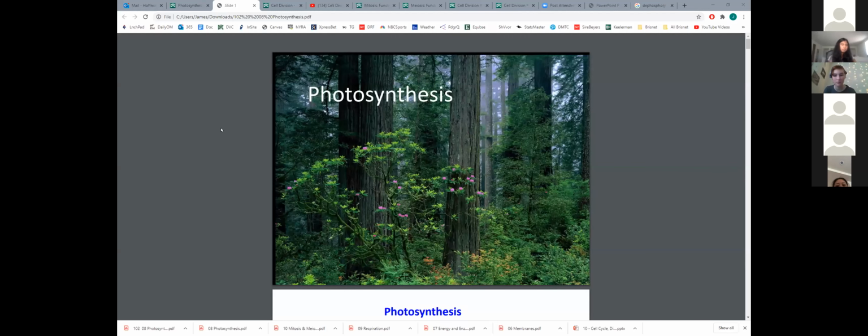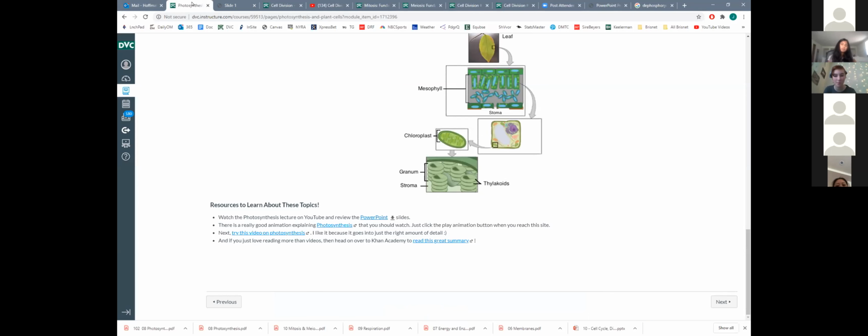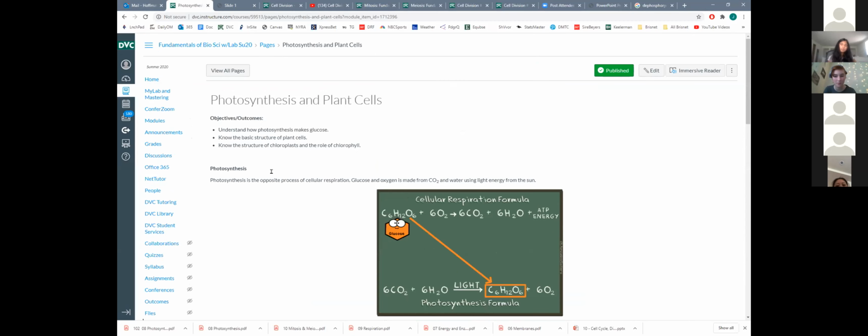So as an example, let me share my screen. So if you look, this is the photosynthesis in plant cells. This is not in the first set. That was Dr. G's lecture that we went over, right?